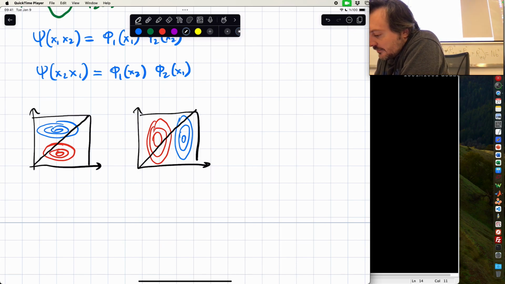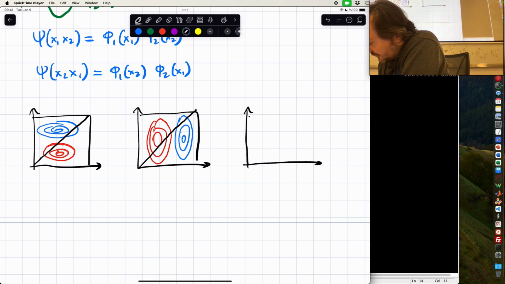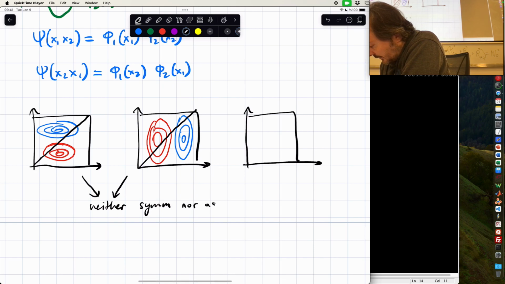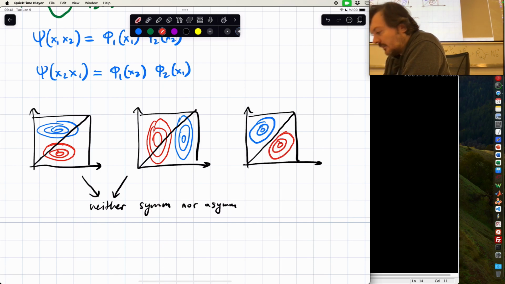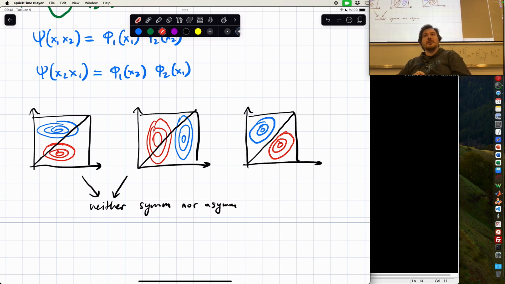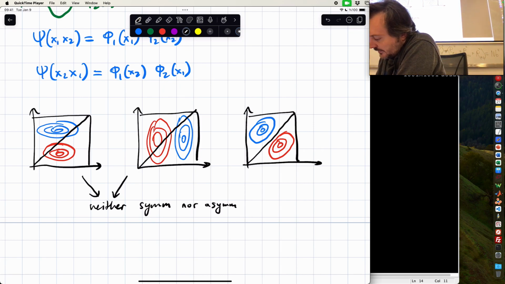So what kind of a wave function would map to itself with a negative sign? This kind of a wave function. So let me just note that these are neither symmetric nor anti-symmetric. But this one, if I construct something like this, then it is going to be anti-symmetric. Because if I flip over the diagonal, it maps exactly back to itself with the negative sign, right? This is anti-symmetric.